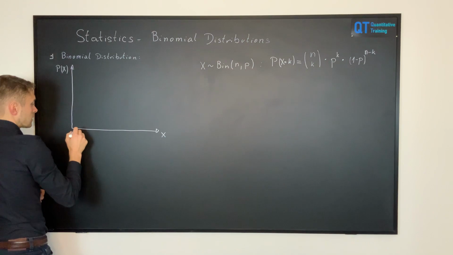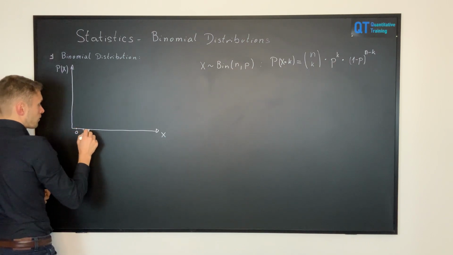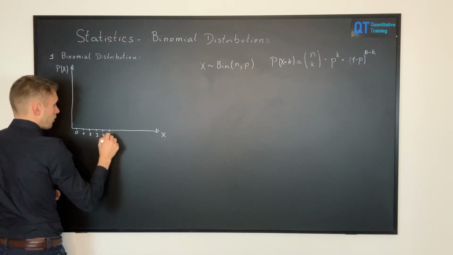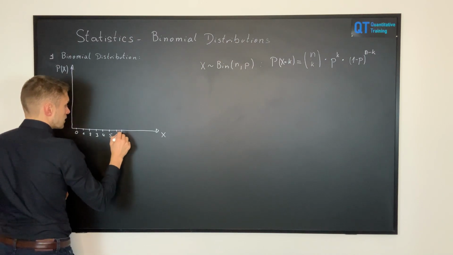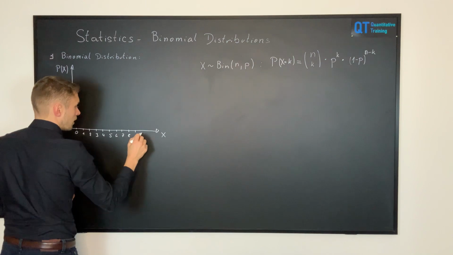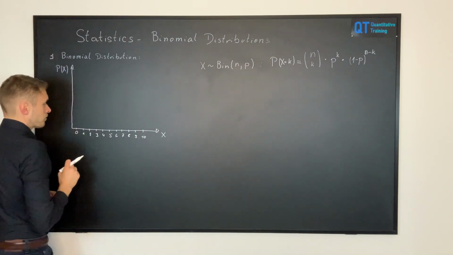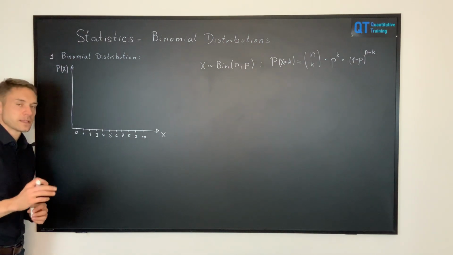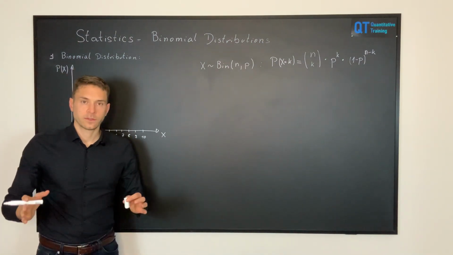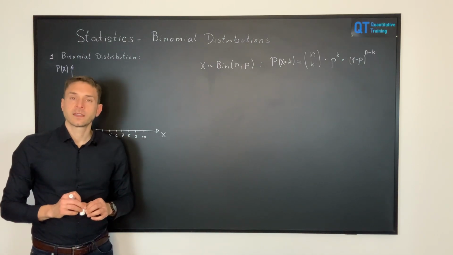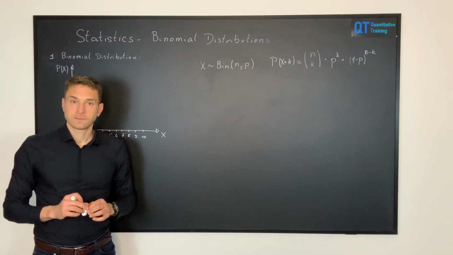So you start somewhere at random variable 0, and then you have 1, 2, 3, 4, 5, 6, 7, 8, 9, and 10. So what you would basically expect, suppose that it is a fair coin, you have a 50-50% chance, is that on average the probability is highest for 5 times tails.